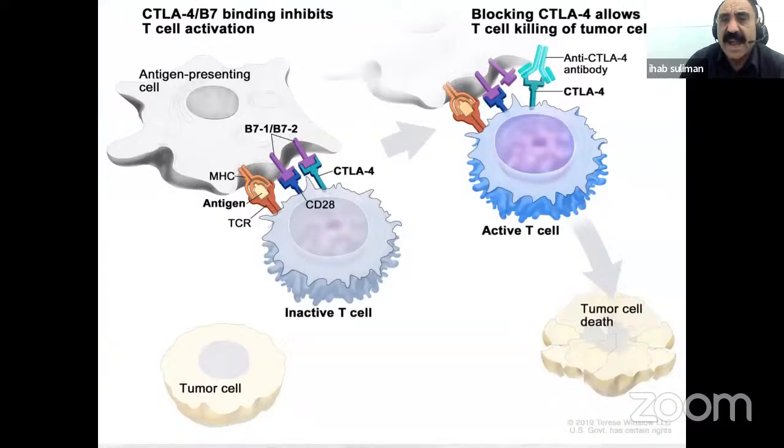In the next diagram, I am going to show you that when checkpoint protein inhibitors get attached to CTLA-4 and B7, they can activate the T cells so that the T cells can attack and kill the tumor cells.